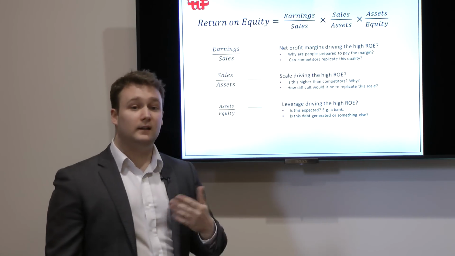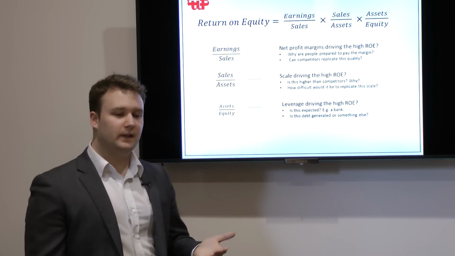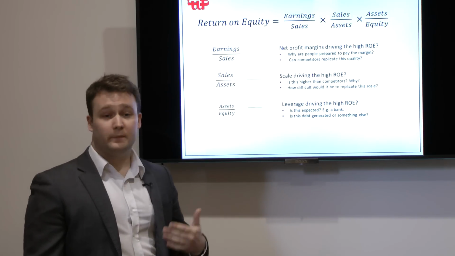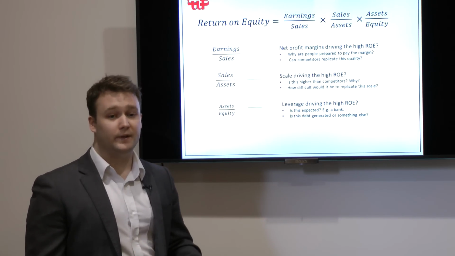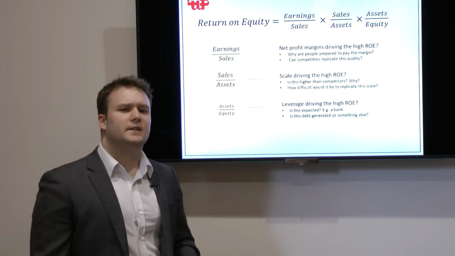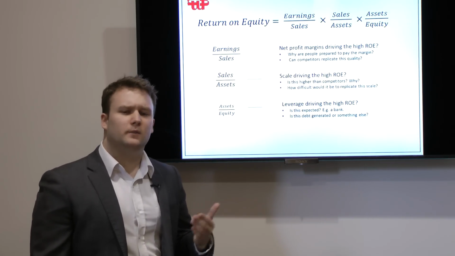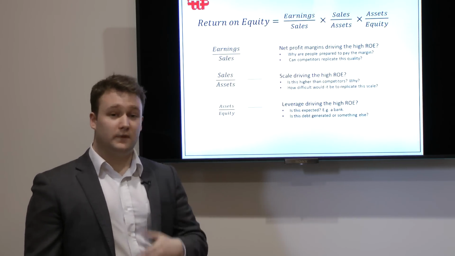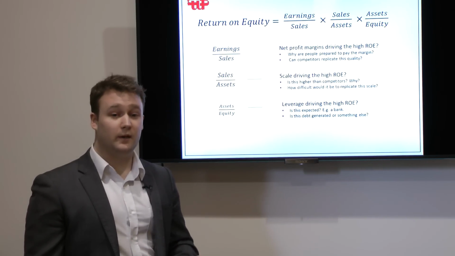And finally, leverage. Now this is a bit of a tricky one. Obviously a bank or something like that would have high leverage, and if you invest in it, then you have to consider that risk. But if it's not a bank and you still see there's high leverage, then you have to ask yourself, what's driving that leverage? It could be debt, and then you have to ask yourself, am I willing to accept that amount of risk?